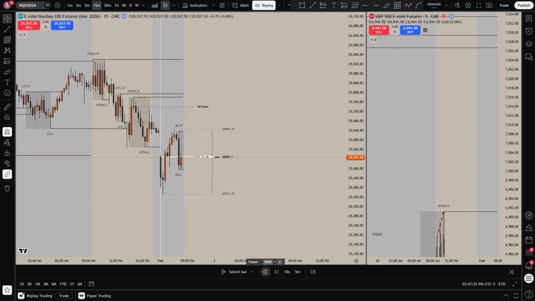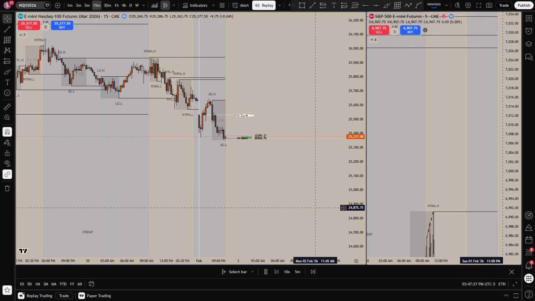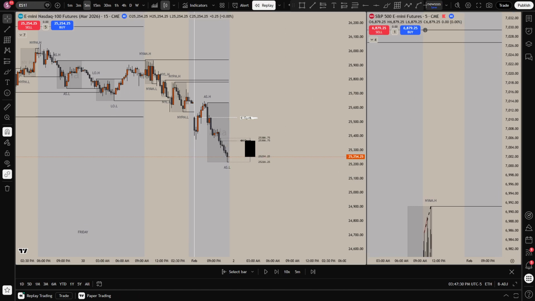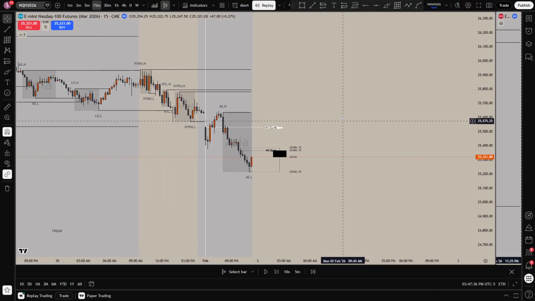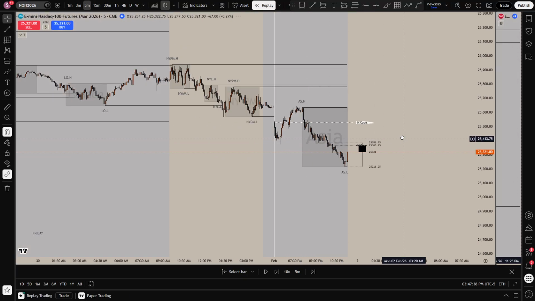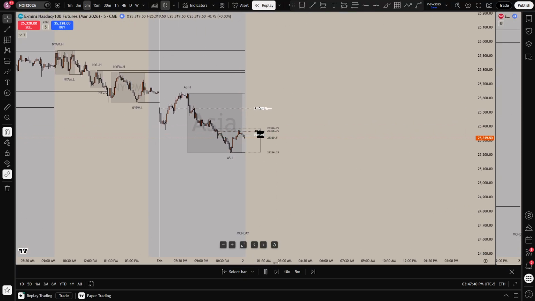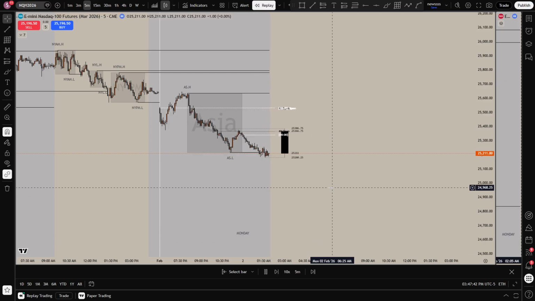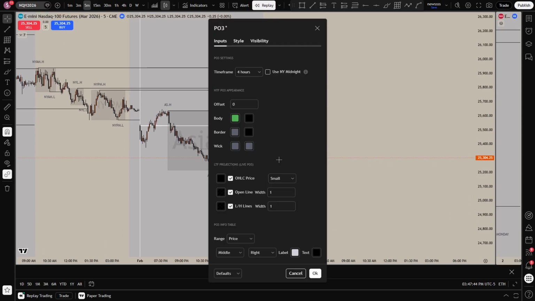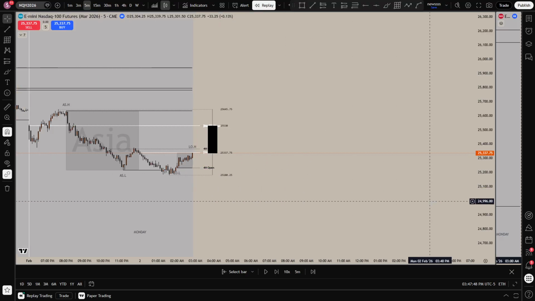So you can see, okay, Asia opened up. We're making a bunch of lows. Let me get rid of this real quick. All right, whatever, I'll just do this. We're making a bunch of lows, so most likely in our daily candle, we're going to have to go up.